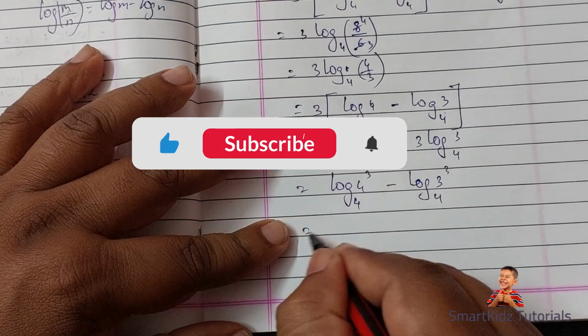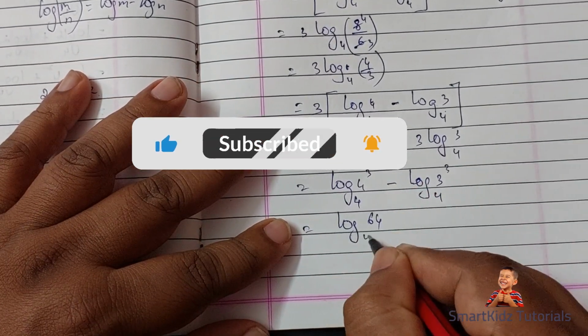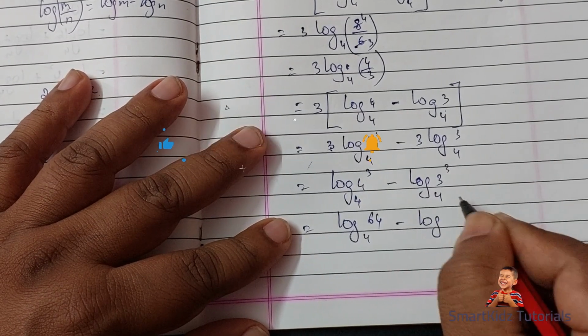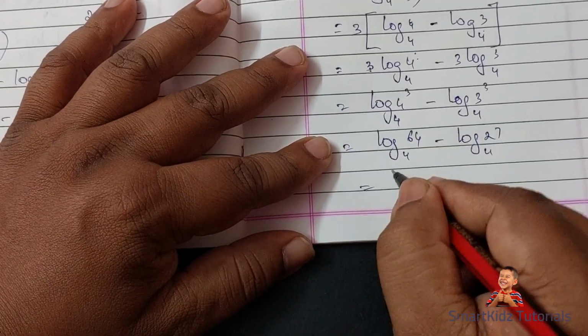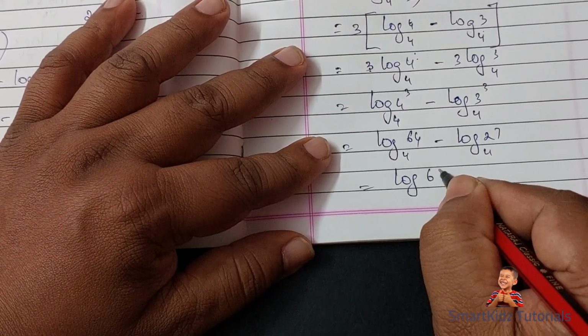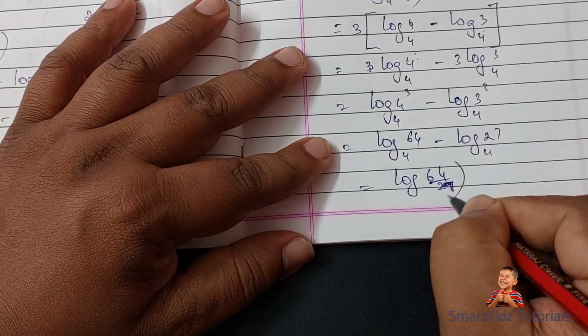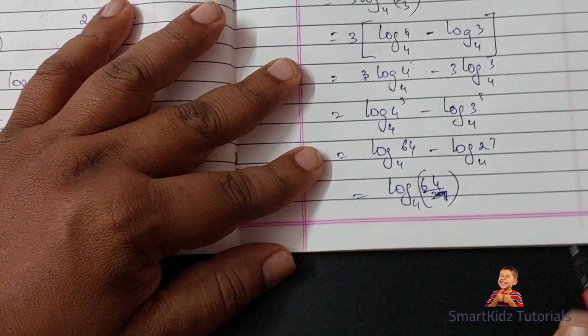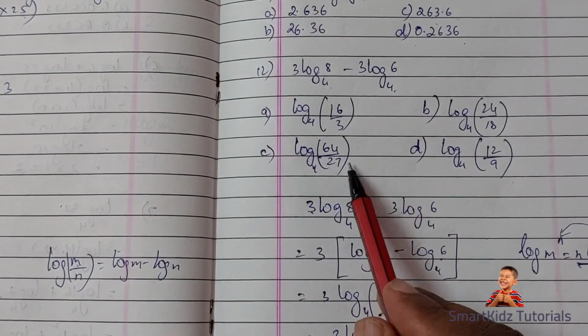Okay. Now 4 cube is 64, so log of 64 to the base 4, and 3 cube is 27, so log of 27 to the base 4. This can be rewritten as log of 64 upon 27 to the base 4. And we have that choice over here. This is the choice.